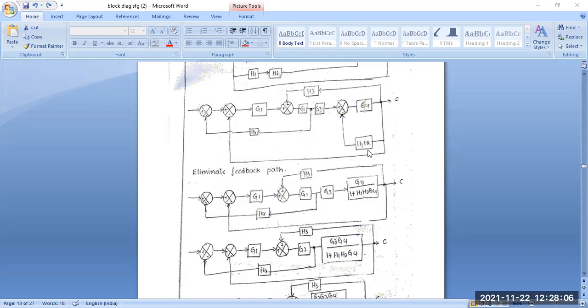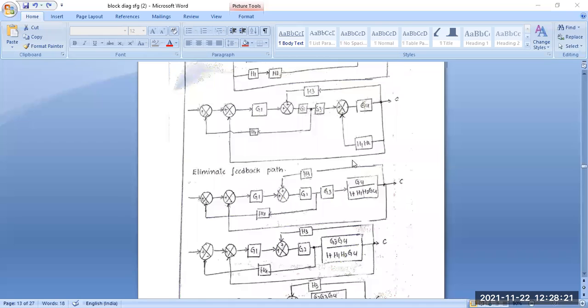Here H(s) means the feedback path. Here the feedback path we have to apply is H1 H2. So that's why the equation is G4 by 1 plus H1 H2 G4. Okay, this is another step also.